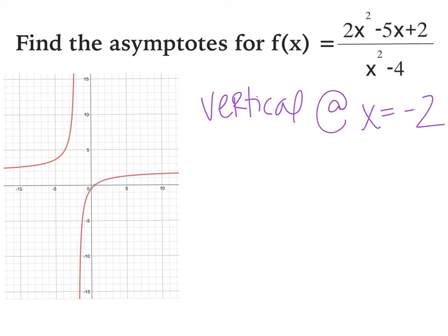So let's check out if there is a horizontal or oblique asymptote. Let's first see if there is an oblique, and I can do that by looking at the degree of the numerator and the denominator. The degree here is 2 and the degree here is 2. They match, so I know that it can't be oblique, it's going to be horizontal. Let's figure out, using the graph, where a horizontal asymptote will lie.